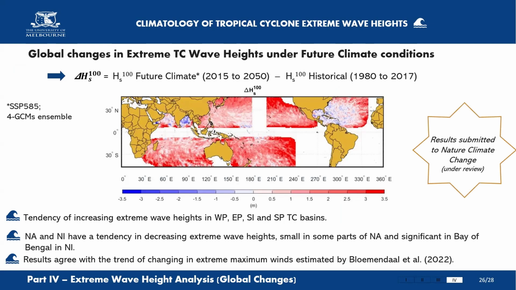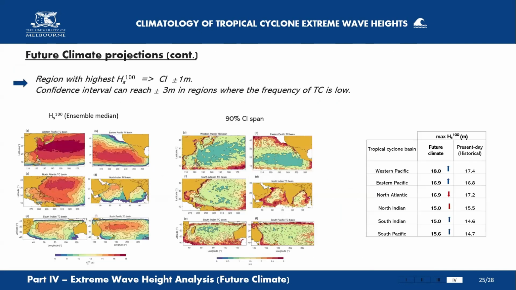No, but Eastern Pacific will have a slight increase in the waves. I think in the previous slide there was a decrease. Can you go to the previous slide? Okay, just for North Atlantic and North India, we have a decrease in the maximum HS 100.